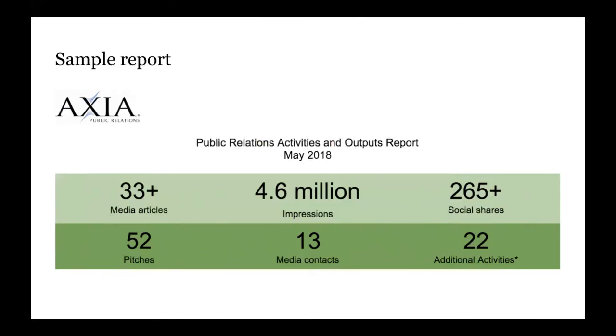Social shares, that's a high number, and that shows the engagement and the support of that audience who's hearing the media coverage or hearing their name in the news, and then they're sharing it and talking about it on social media. And then really just our activities, which includes media pitching and direct contacts and additional activities, which we use to put those communication outputs together.